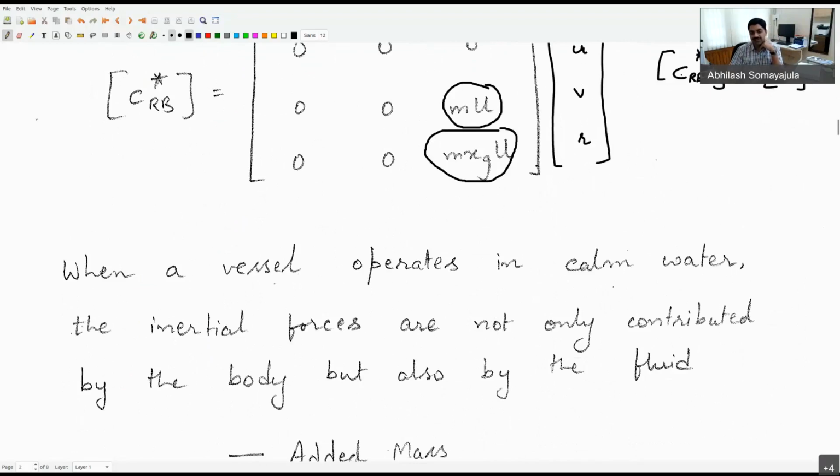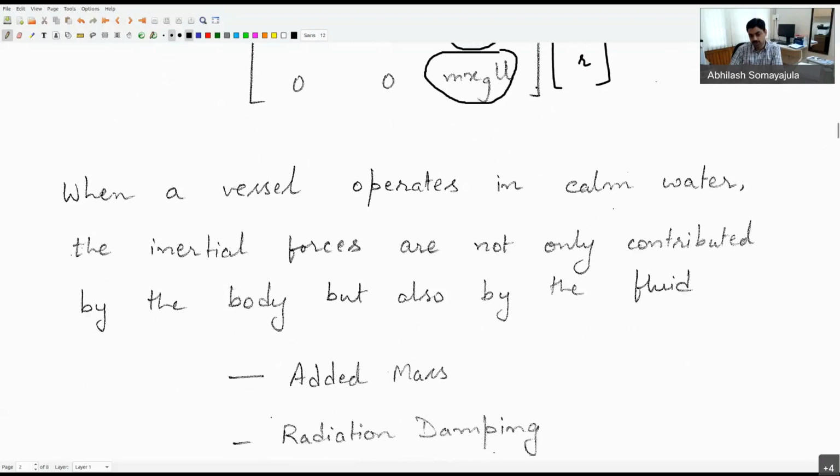So now we are talking about a vessel that operates in calm water, and therefore the inertial forces are not just contributed by the body, but also by the fluid, which means that as the body is oscillating or performing some motions, the fluid surrounding the body is also experiencing some displacements. That notional amount of fluid which is actually engaging with the body in its dynamics is called the added mass.